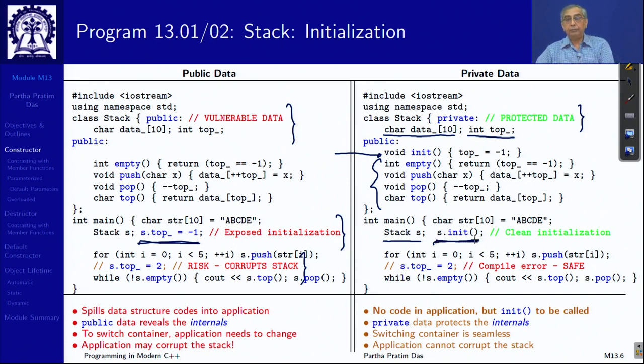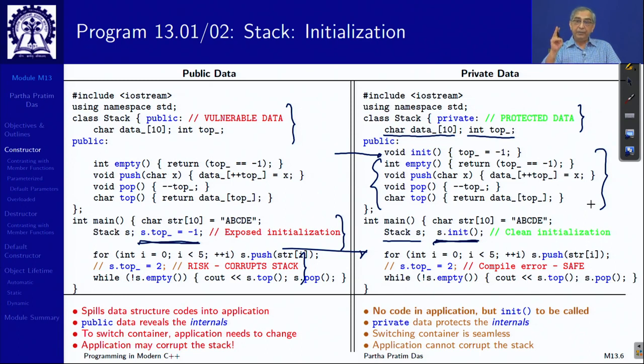Now, this obviously is cleaner than what you had here, it is better, but it still has a couple of very critical problems. One is, this has to be called before any of the other operations in the stack can be done. The user has to remember doing that.